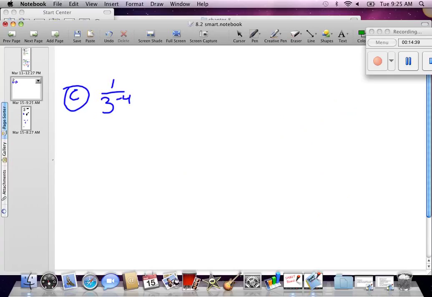How do I get rid of that negative exponent? So first thing I have to do, flip it. So instead of 1 over 3, it becomes 3 over 1. If you want to put 3 over 1, go ahead. I don't add the over 1 because it's just simply a whole number. So now it's 3 to the 4th. So what's 3 to the 4th? 3 times 3 is 9.